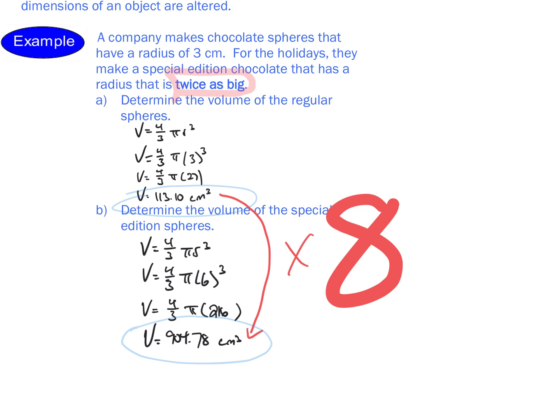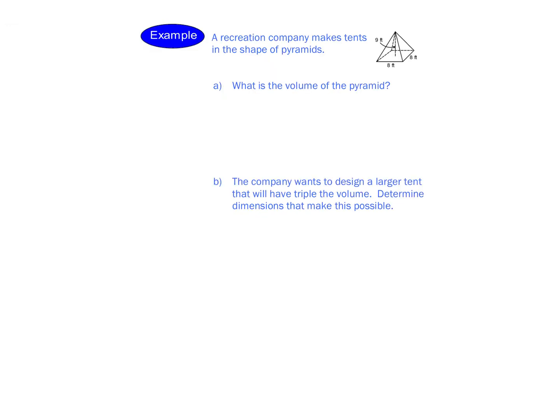So it's 8, right? So it's 8 times bigger just by doubling the radius. Now, we'll have to see what effects other things can have when we change other dimensions in, say, the next example. So let's go to the next example.